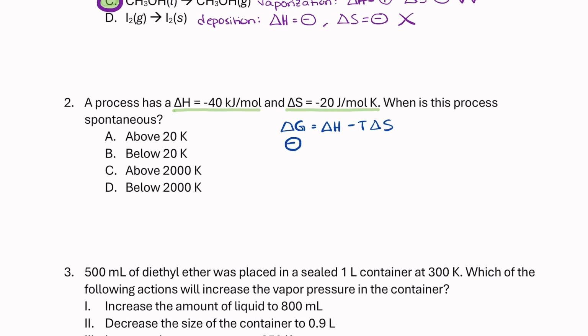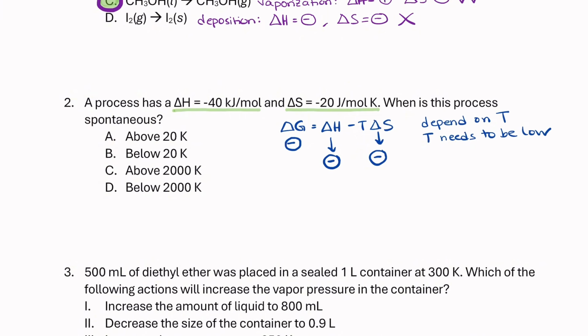Now let's analyze the signs. Delta H is negative, which favors spontaneity because that means the process releases heat. But delta S is also negative, which works against spontaneity because it means disorder decreases. So whether the process is spontaneous, that's going to depend on temperature. If both delta H and delta S are negative, the rule is that the process will be spontaneous only at low temperatures.